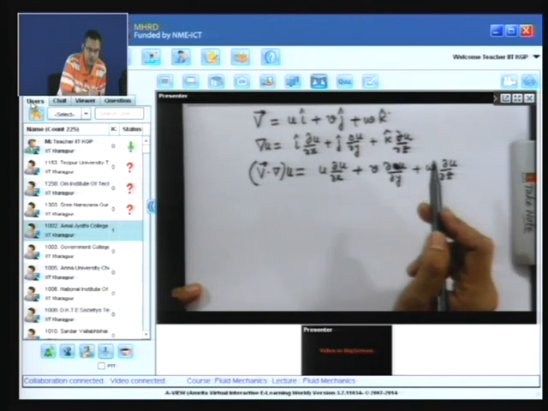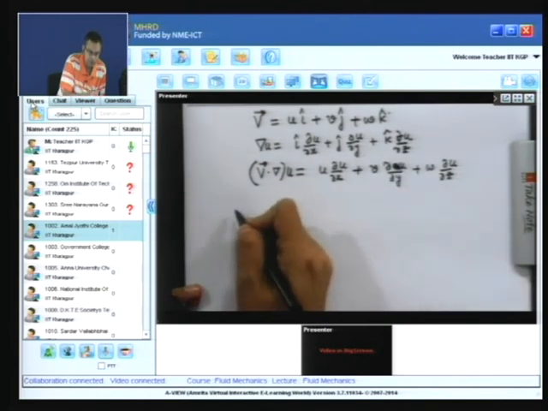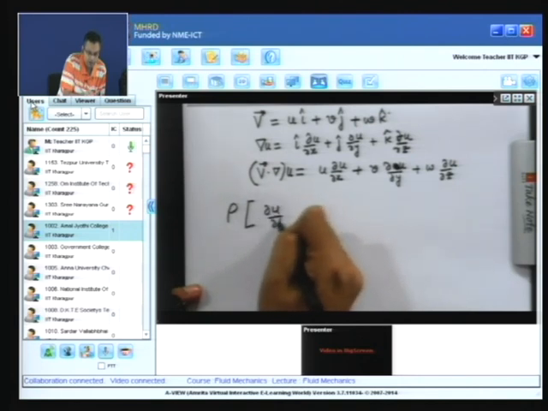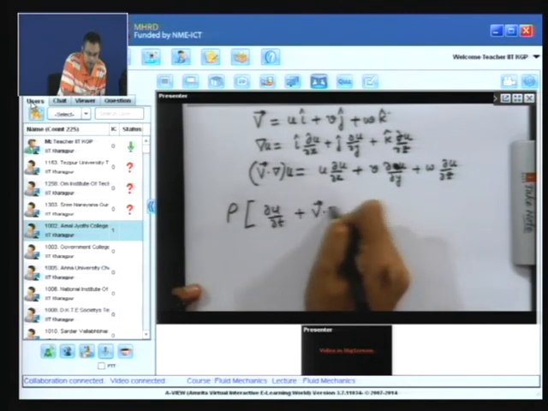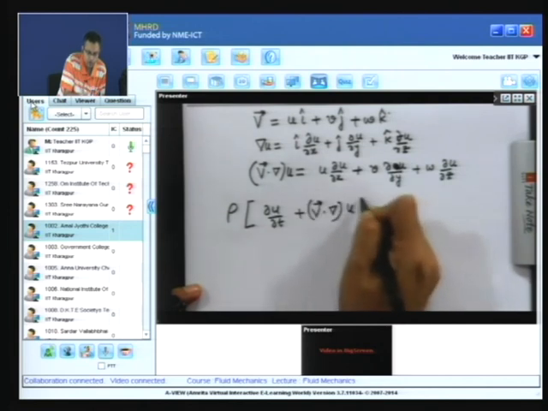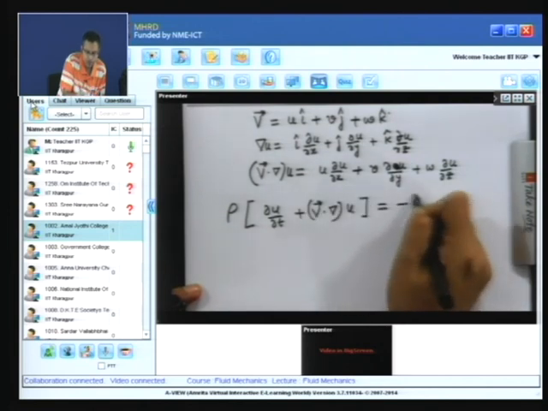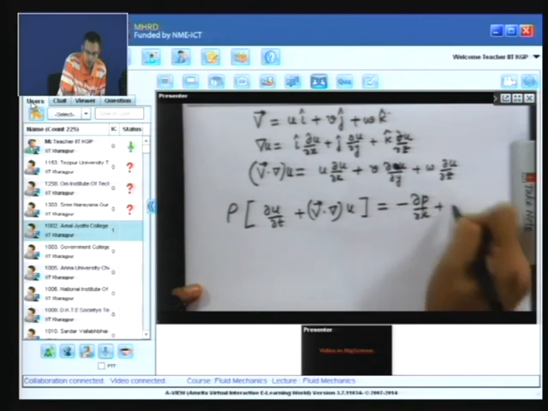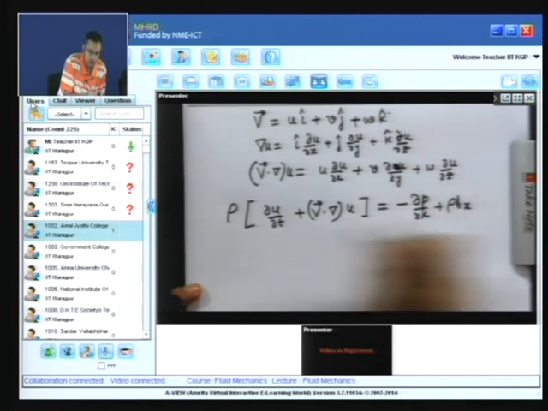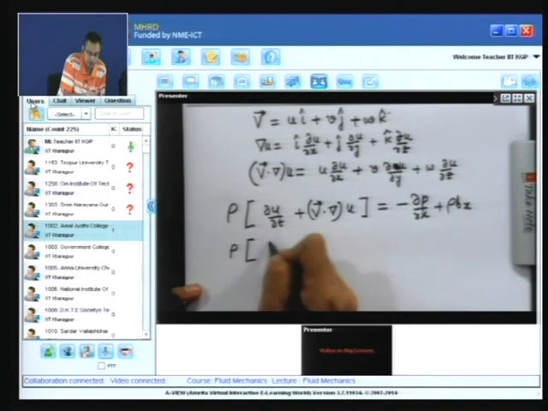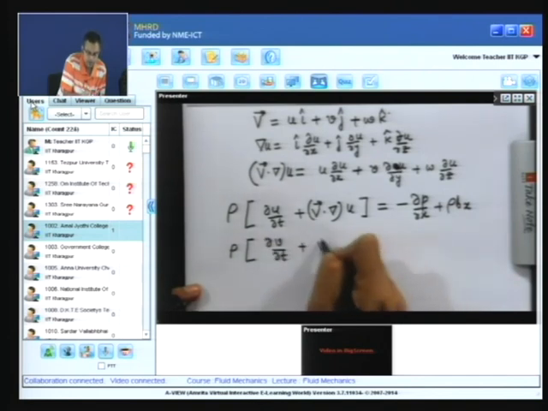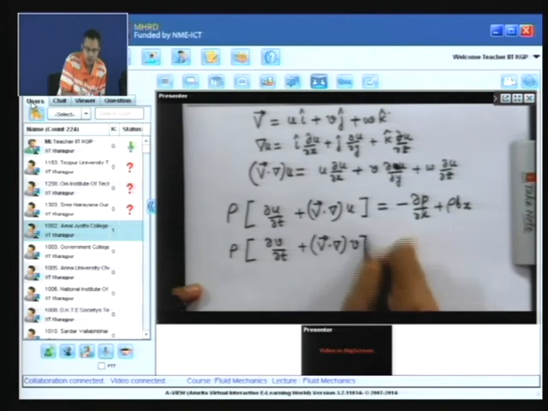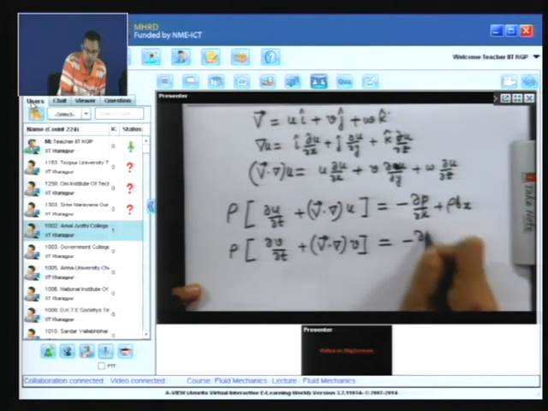So the Euler's equation of motion x component becomes rho, del u del t plus v dot del u is equal to minus del p del x plus rho bx. Similarly other components: del v del t plus v dot del v is equal to minus del p del y plus rho by.